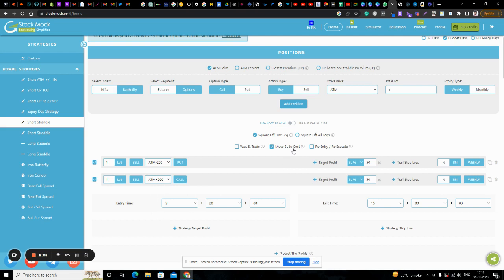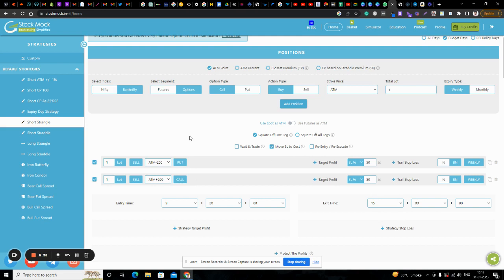At that exact moment, when your put SL is hit, I need you to buy a put. Now, which put will you be buying? You will be buying an at the money put whenever your put sell leg stop loss is hit. Again, when your put stop loss is hit, I need you to buy a put and hold it till 3 o'clock with the same call leg.